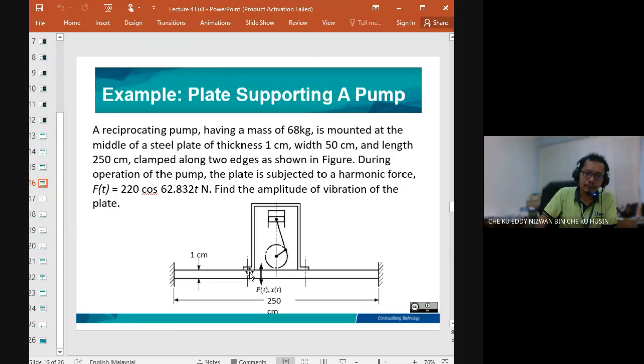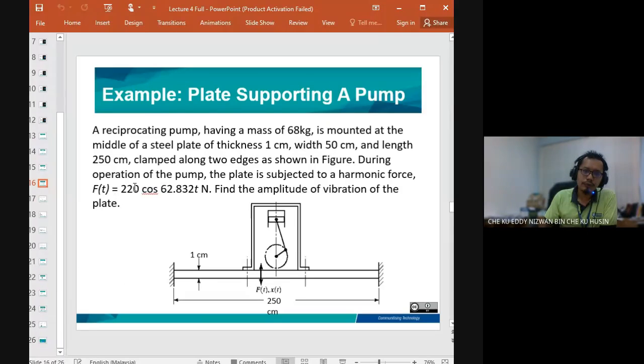When the pump is operating, it induces a force equivalent to 220 cos(62.8π t) newtons. From this information we can extract the force induced.